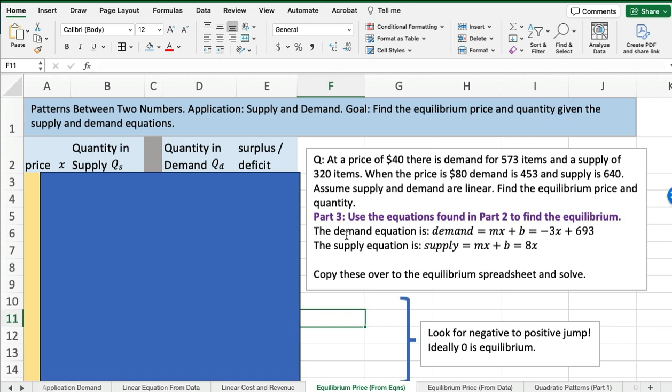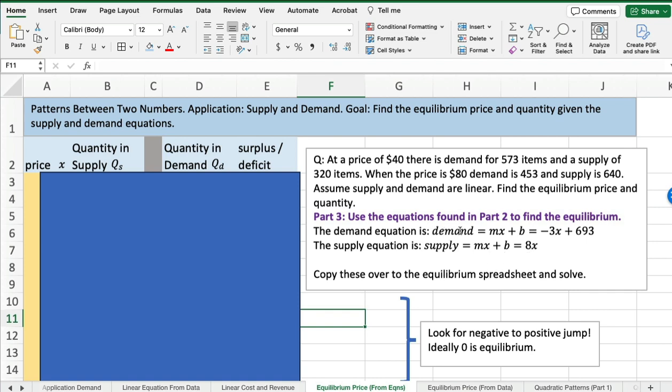Just so you know, in the part 2 video, our demand equation was the quantity of demand is negative 3x plus 693. Again, x is measuring the price. The supply equation was quantity of supply is equal to 8x.